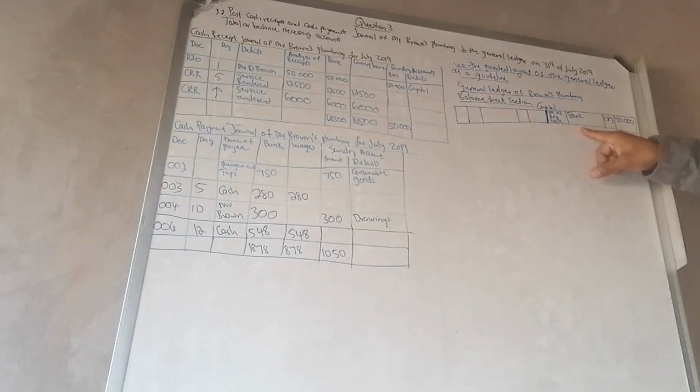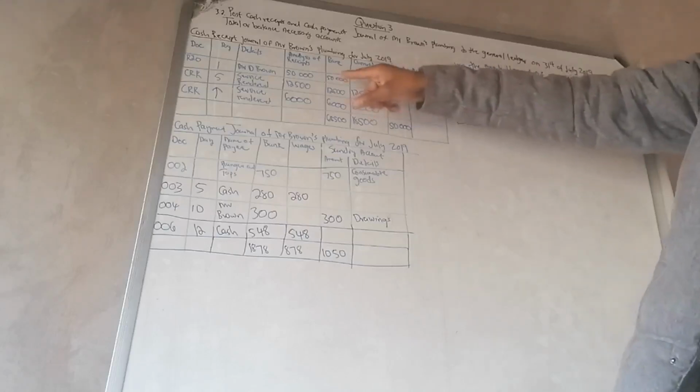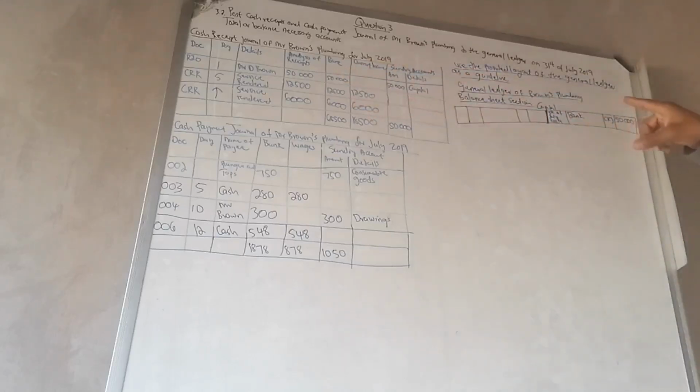Secondly, that amount was a deposit into a bank. And then where was this recorded? It was recorded on a cash receipt journal. Again, because the money is coming into the business, that amount was debited.